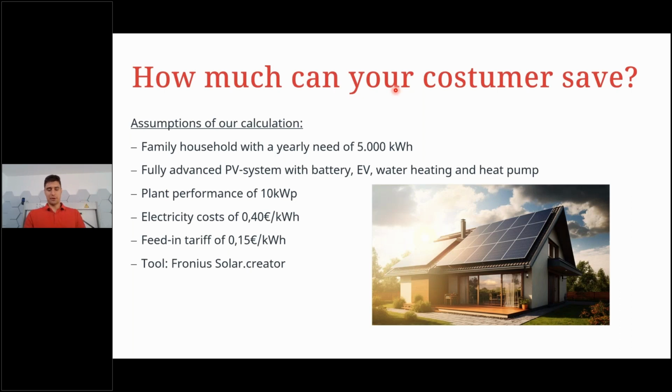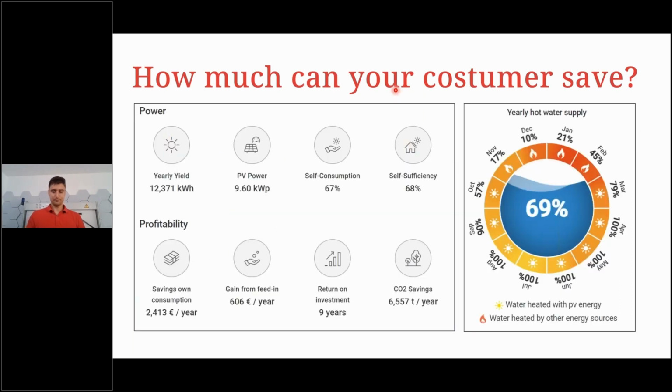And I put in those numbers, and as I said, I ran this simulation, and this was the result here. You see that this Solar Creator tool doesn't give you just numbers, but it's also visualizing the results. And this is what you see here. So as I said, we have a PV power system of almost 10 kilowatt peak. It gives us a yearly yield of over 12,000 kilowatt hours.